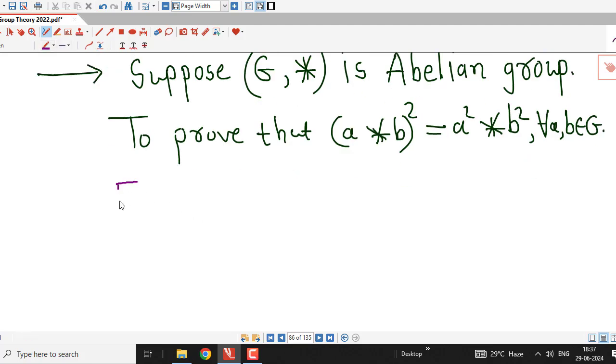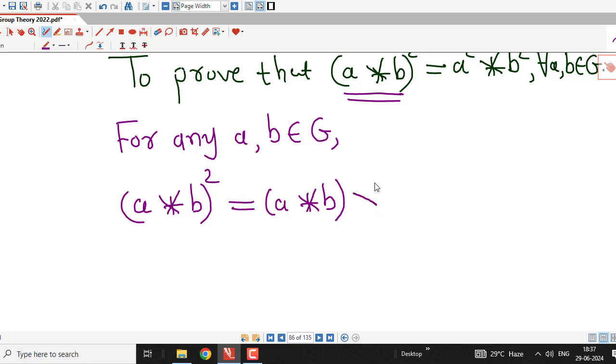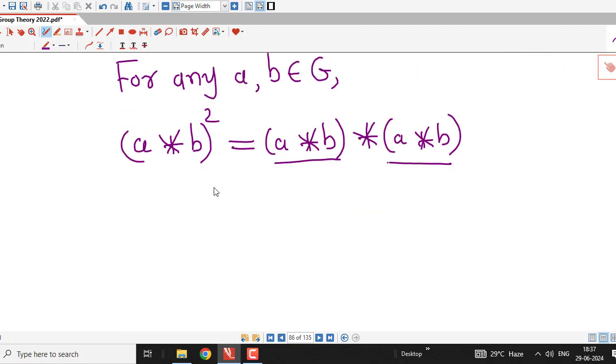We can start by considering any two elements. For any A, B belonging to G, we start with the left hand side. We want to show that (A star B) square equals A square star B square. So we start from the left hand side. This I can rewrite as A star B star A star B, because I have a square here.